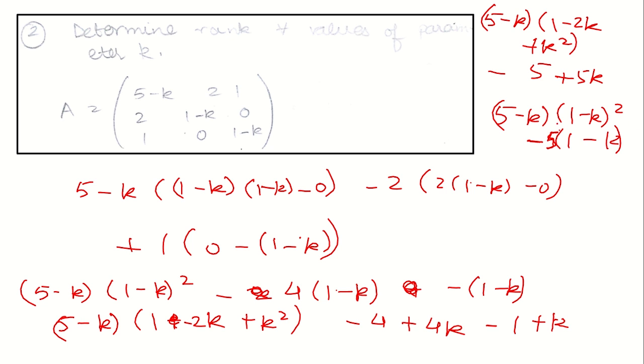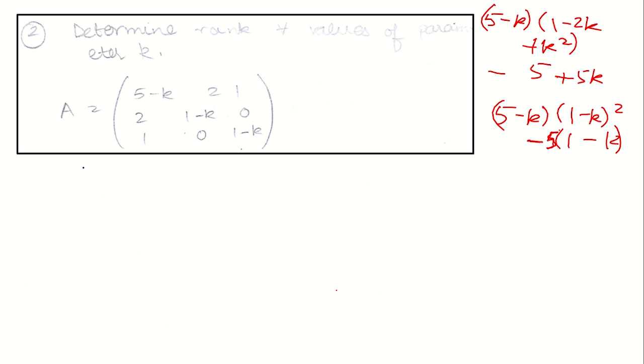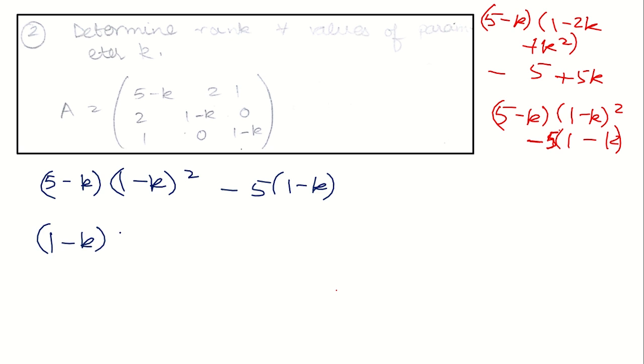Okay, so you can actually take (1 minus k) out of this. Like I said, you have (5 minus k) into (1 minus k) square minus 5 into (1 minus k). So you can take (1 minus k) out. Okay, and you have (5 minus k) into (1 minus k) minus 5.